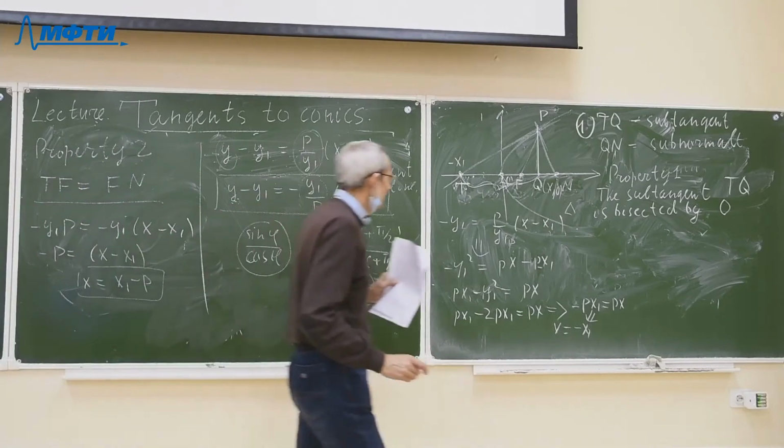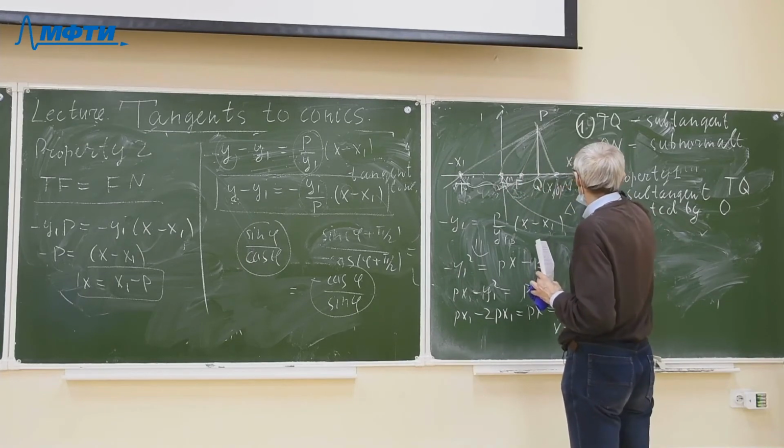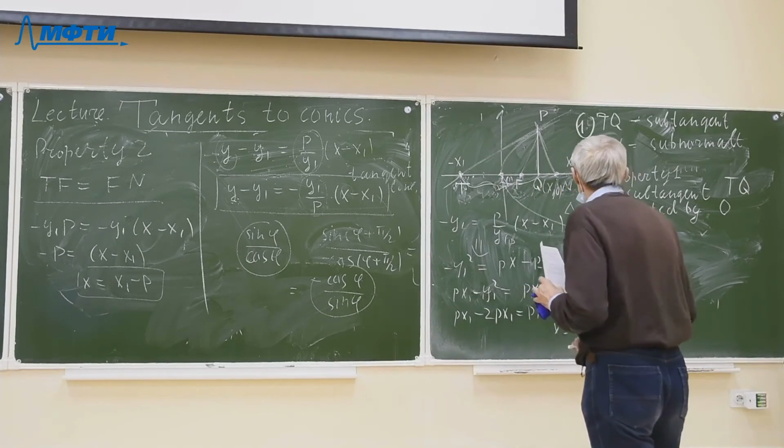This point has the coordinate x1 minus p.